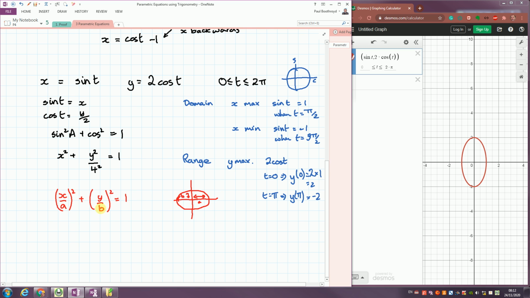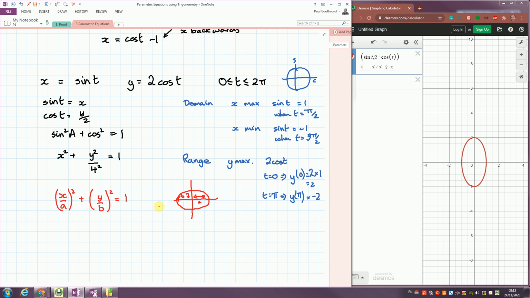Not the radius, because these are the 2 radii. And this is the sort of thing you have to be able to use to work out the distance around an ellipse. You can calculate the area. The area is pi times a times b. But you have to be able to turn an ellipse into a Cartesian equation if you want to work out the perimeter. Okay? Not going to say circumference for this.